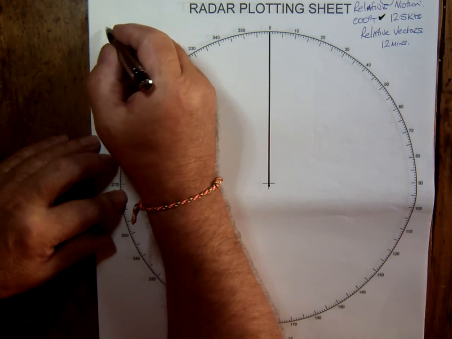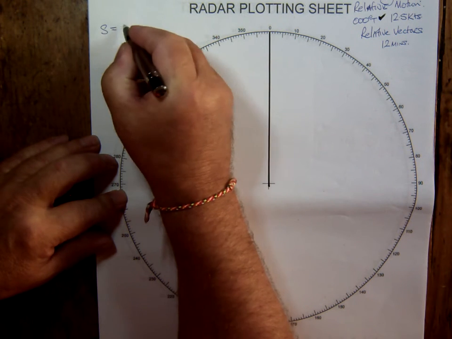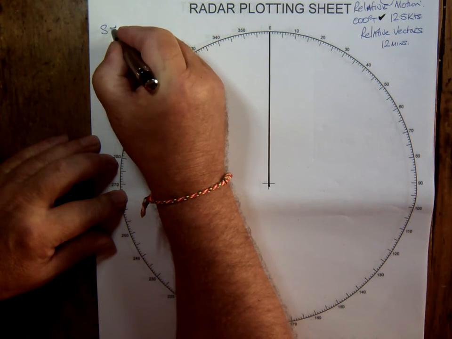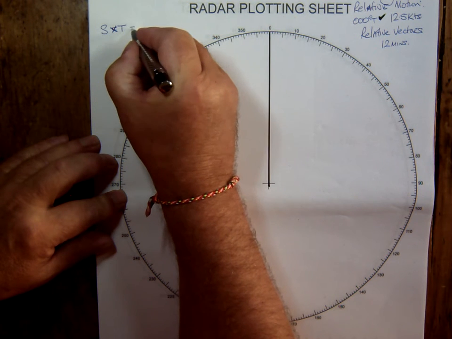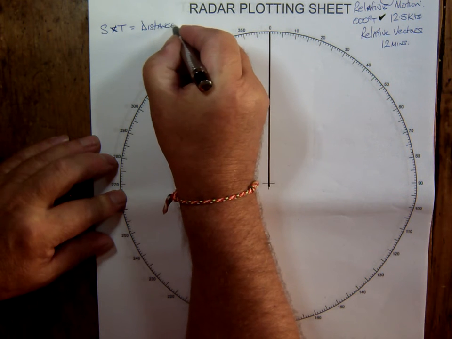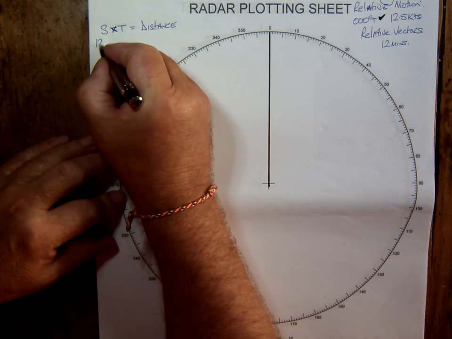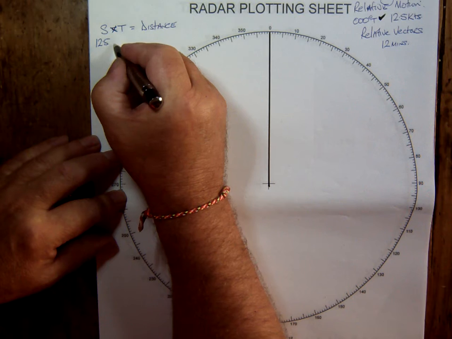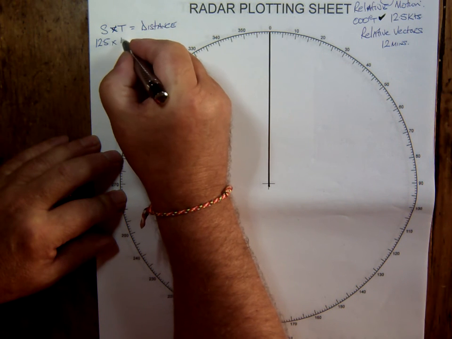So my vector, and I need to have an idea of what my vector would be. So let's see. Speed times time equals distance. So speed here, we're doing 12.5 knots, times the time is 12 minutes.